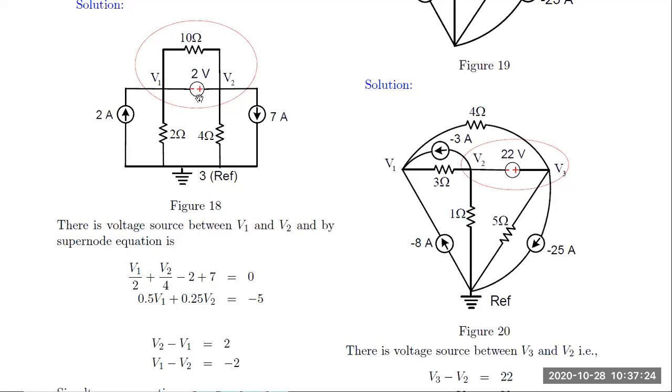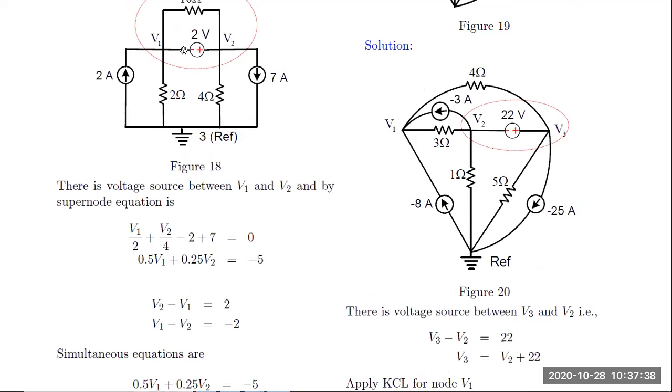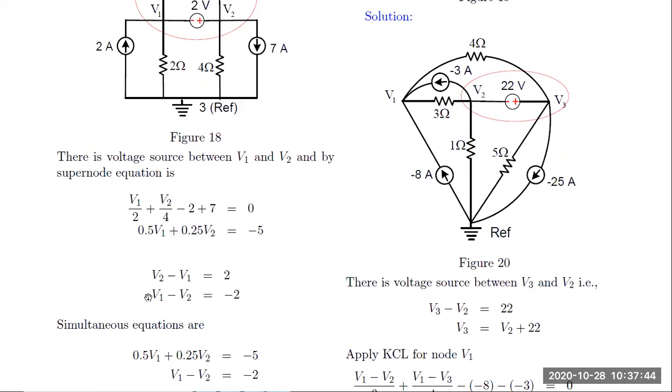Check the polarity of the source between these two. The positive terminal is towards V2, so V2 minus V1 is equal to 2. What is that 2? 2 volts between these two. Usually, we write the first variable first, so interchange these two.